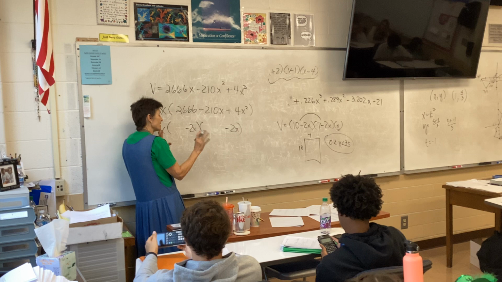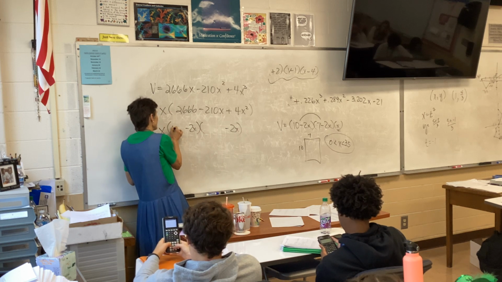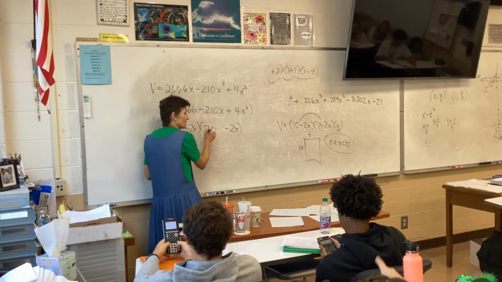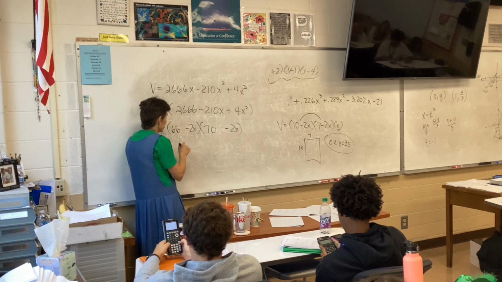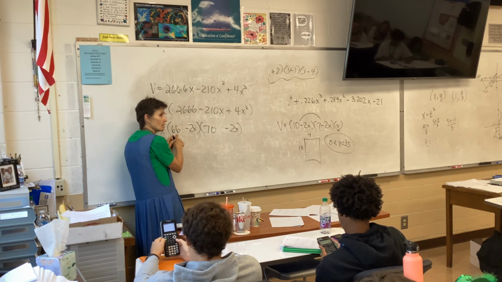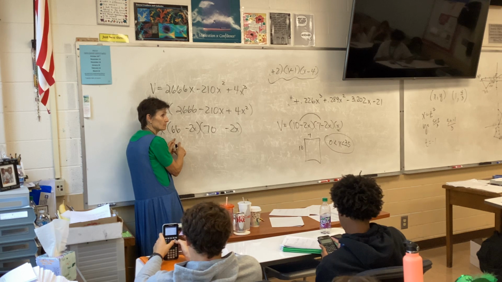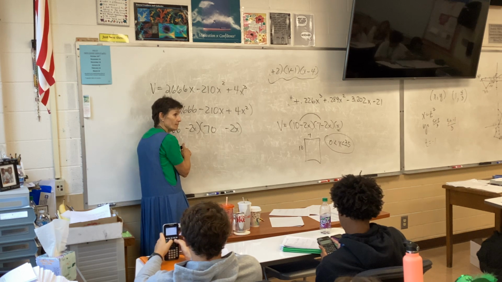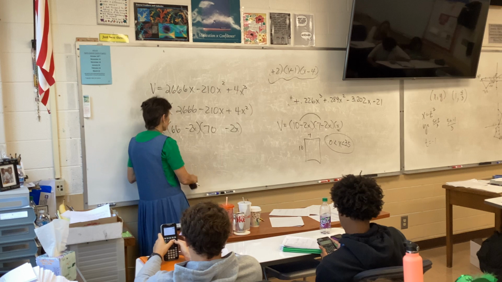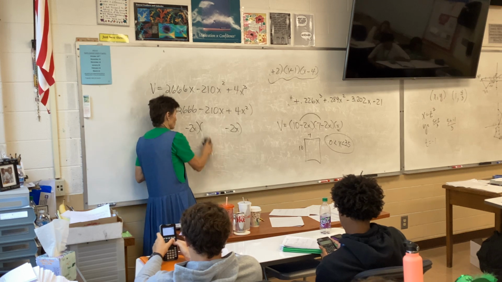Because I'm making these up totally, but let's say this one was 66 and this one was 70. Then we would know that x had to be less than 33, half the smaller dimension.